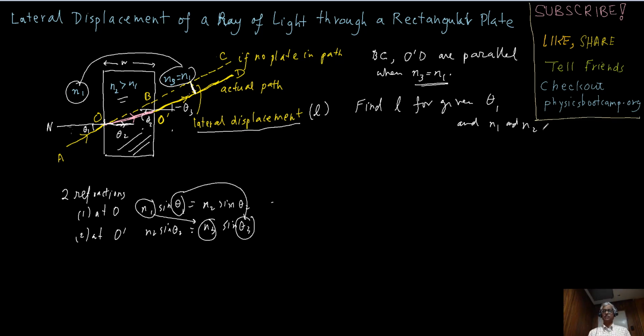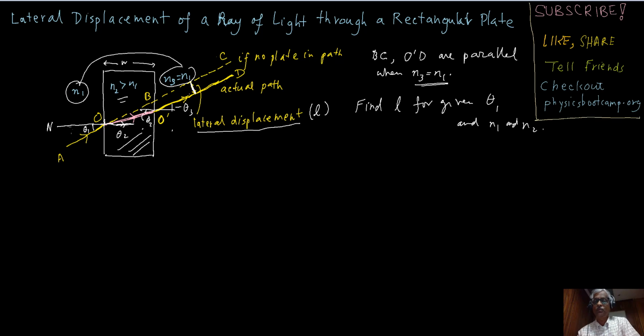Maybe you can work it out. There can be many different ways to write the final answer, so we'll just work out one ourselves. You can pause the video and work it out, and then come back and look at what I've done.